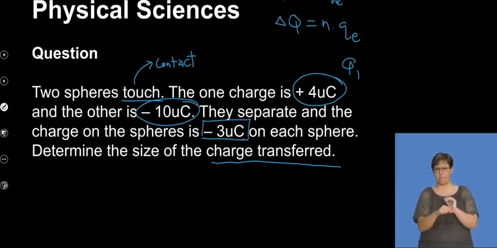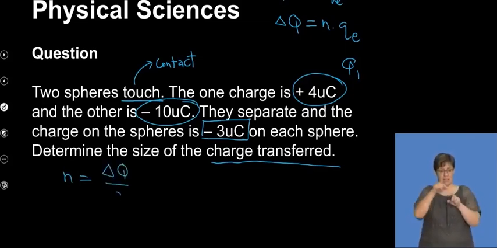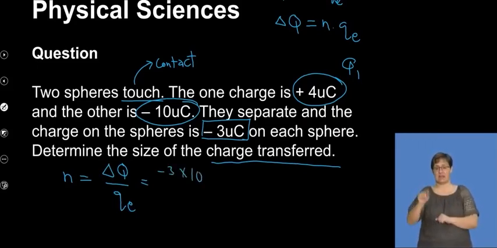We are saying that the number of electrons, which is the actual charge transferred, is equal to delta Q over the elementary charge. Now, let's use for argument's sake Q2, okay? Finally, Q2 is -3 times 10 exponent -6.